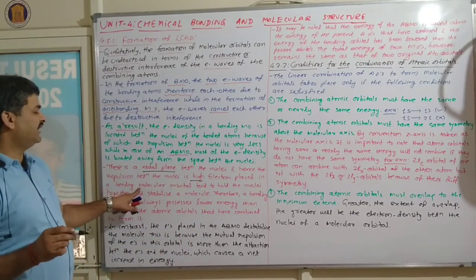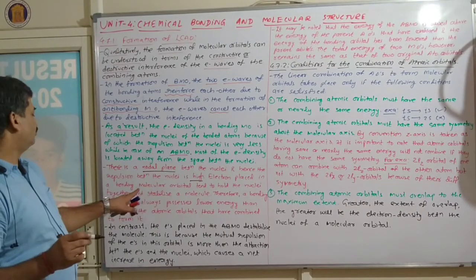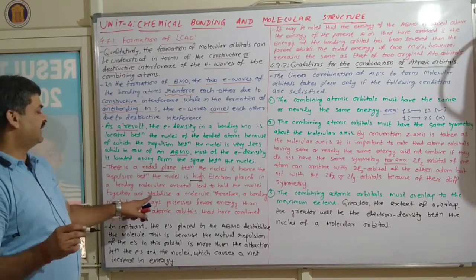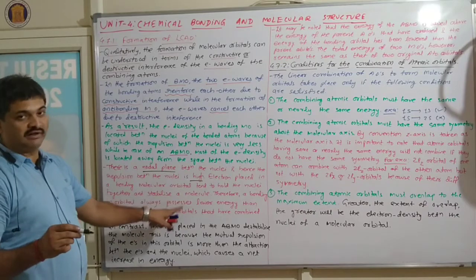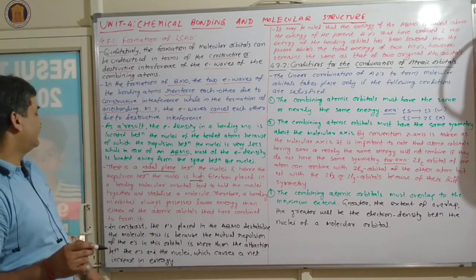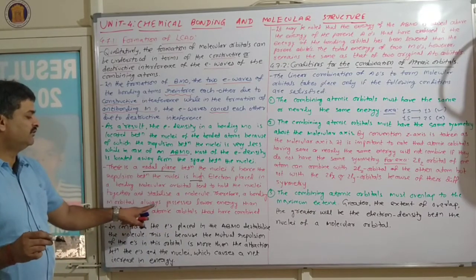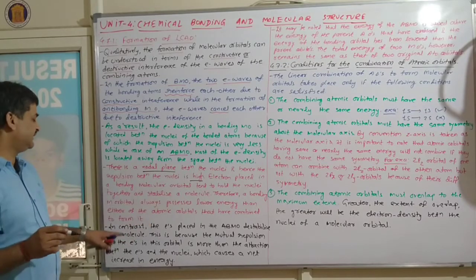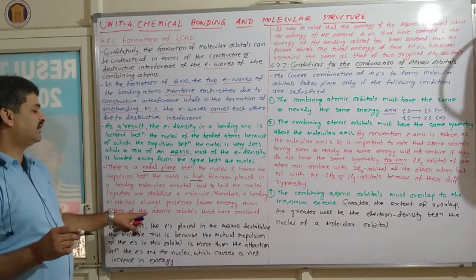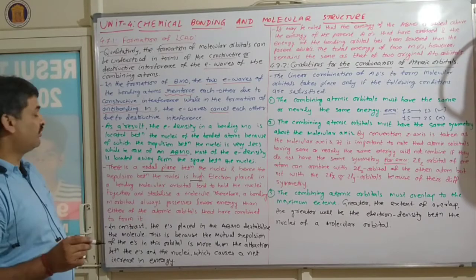Electrons placed in bonding molecular orbital tend to hold the nuclei together and stabilize the molecule. Therefore a bonding molecular orbital always possesses lower energy than either of the atomic orbitals that have combined to form it.